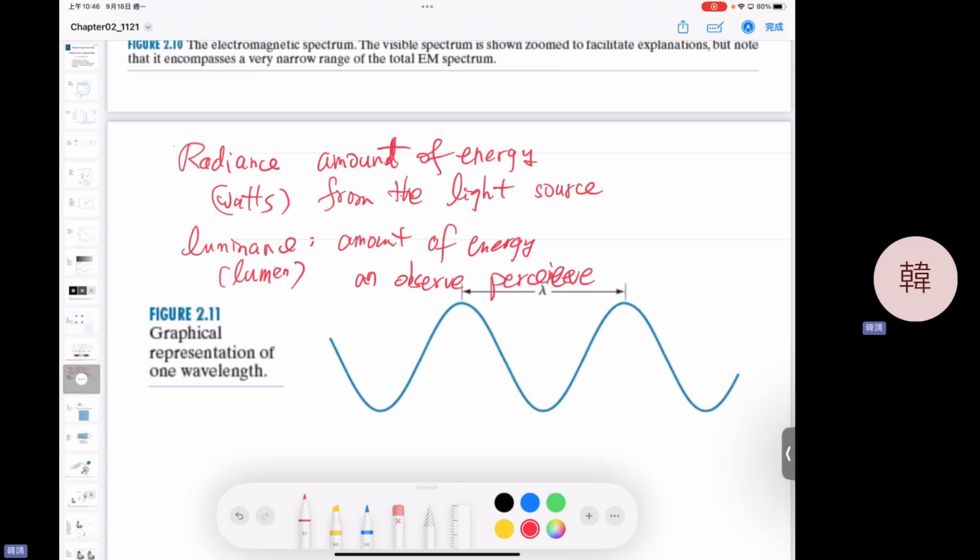Different frequency waves, like red, orange, yellow, green. We have different frequencies, right? Different wavelengths. They are put on the light source, put on this object, and then into your eyes, you observe it.